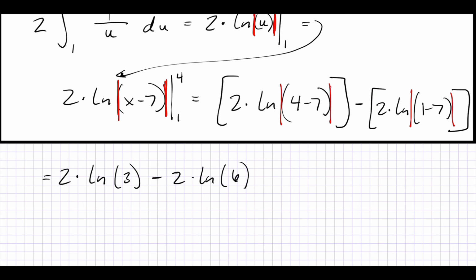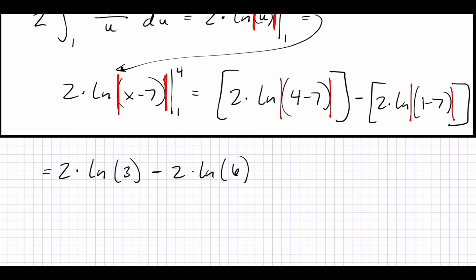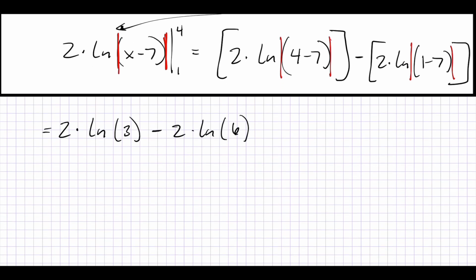Okay, so now here's where we have to use our skills to make one natural log. Right now I have 2 natural logs. I don't want 2 natural logs. I want 1 natural log. So the first thing I'm going to do is, if you can do the power rule, do the power rule. I see that I have 2's out in front of them.